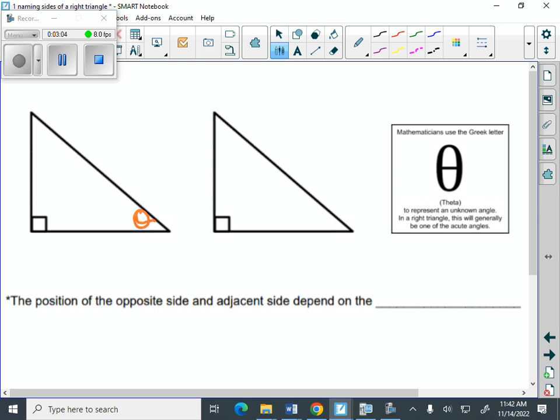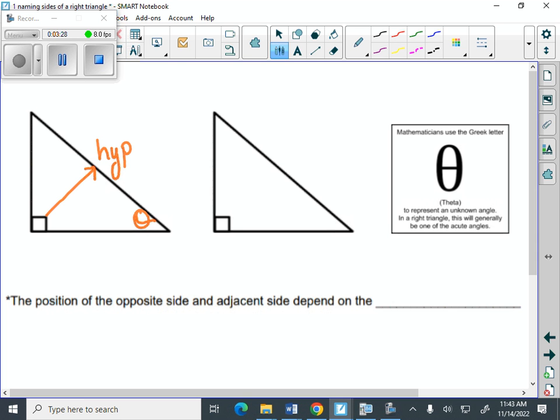But what we see is a right angle. If we draw a line across from the right angle, that's the hypotenuse, and I will abbreviate that as HYP. Some people will even take it down to H. I always label the hypotenuse first.